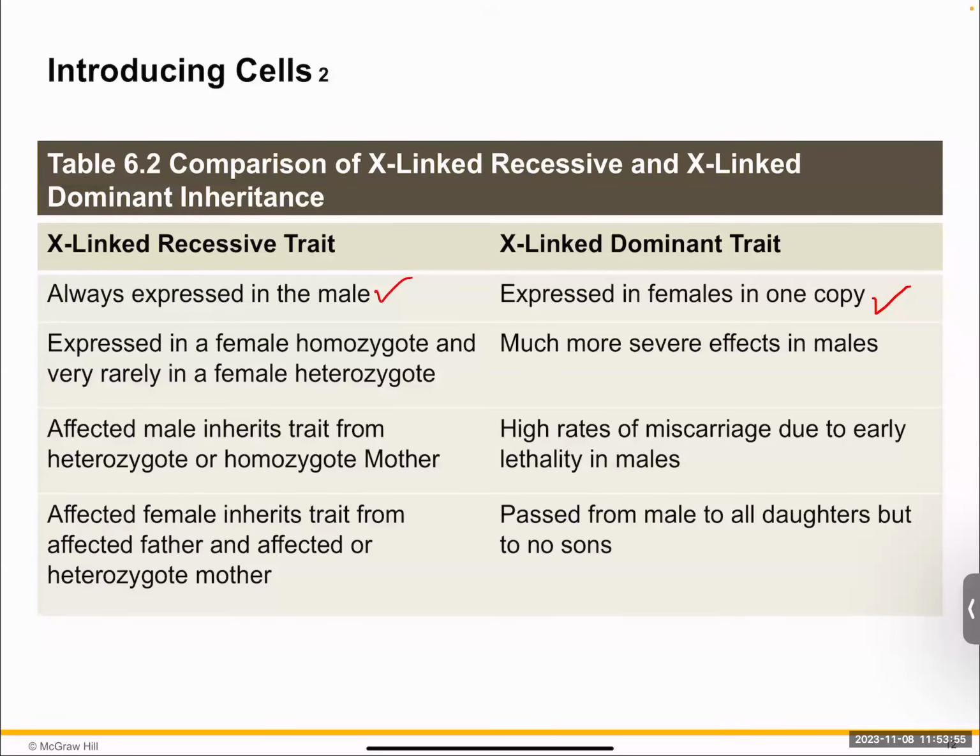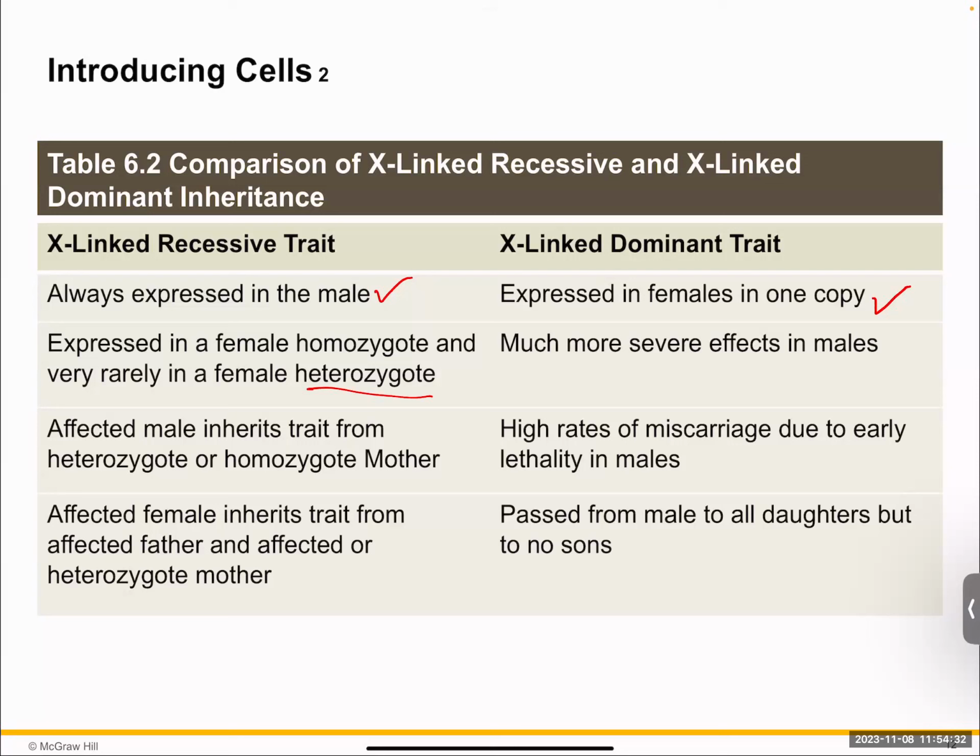In the case of X-linked recessive, you must have two copies of that gene to be expressed, and it's very rarely heterozygous. But X-linked dominant, again, is going to have a much more severe effect on the males because they only have one X. So if that has the dominant gene on it, you're already going to have the symptoms. There is not a second recessive one that can partially mask the effects of the trait or the disorder, and therefore it would be much more severe in males.